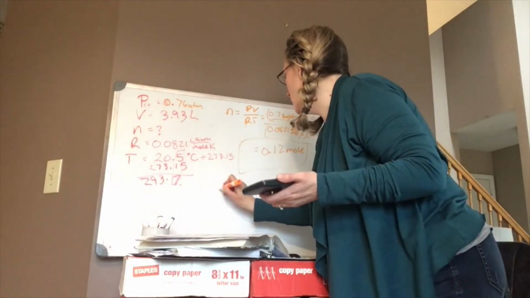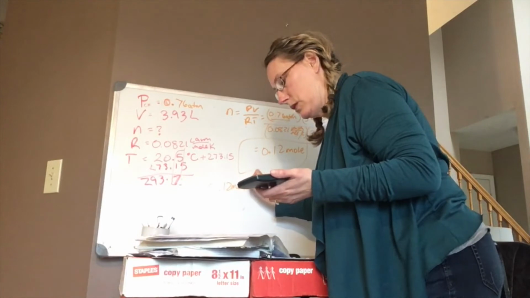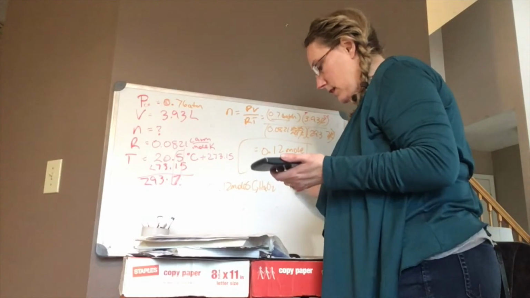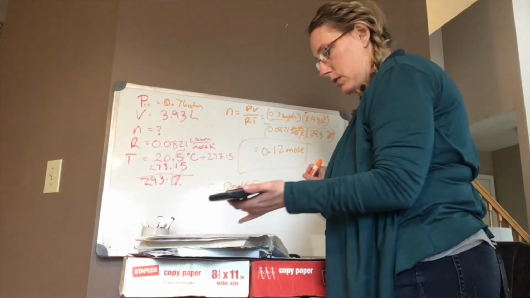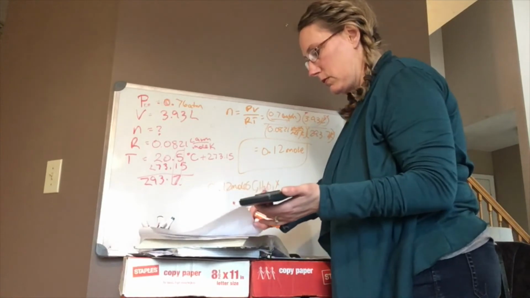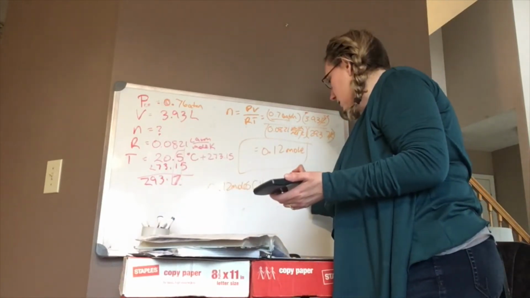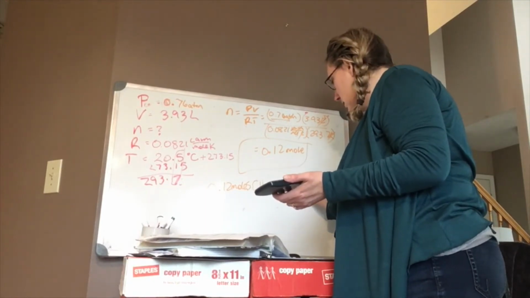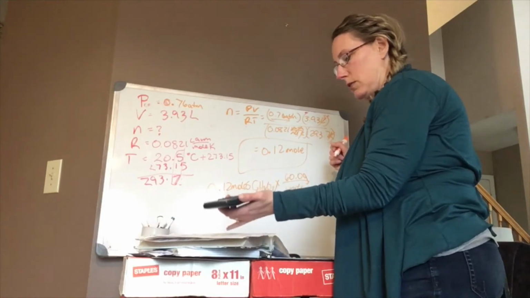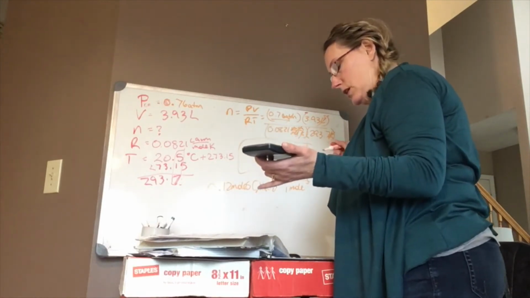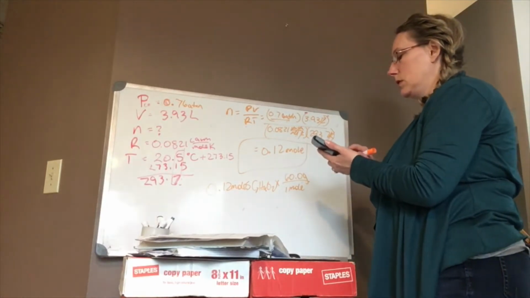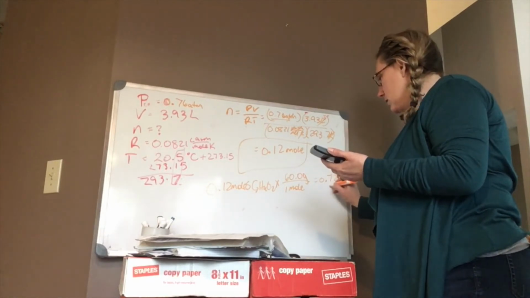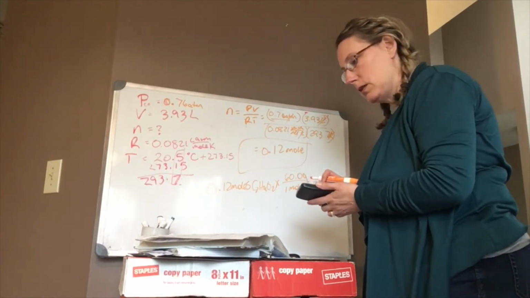So if you have 0.12 moles of C2H4O2, which is your acetic acid, and it says grams, that's why. There are 60.0 grams of acetic acid in 1 mole. If you look at your periodic table and do 2 carbons plus 4 hydrogens plus 2 oxygens, you get that. So 0.12 times 60 gives 0.72 grams of acetic acid.